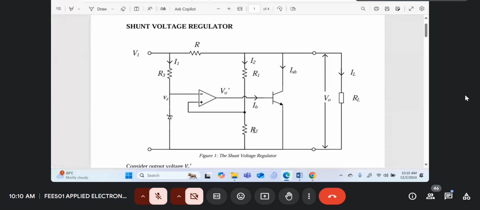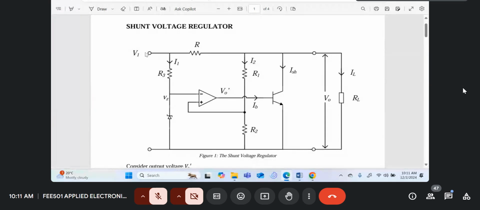R1 and R2 are the output sampling element to give the error amplifier some feedback of what's happening at the output. The control element over here is the transistor, which is connected in shunt to the load, hence the name shunt regulator. And then you had your load.